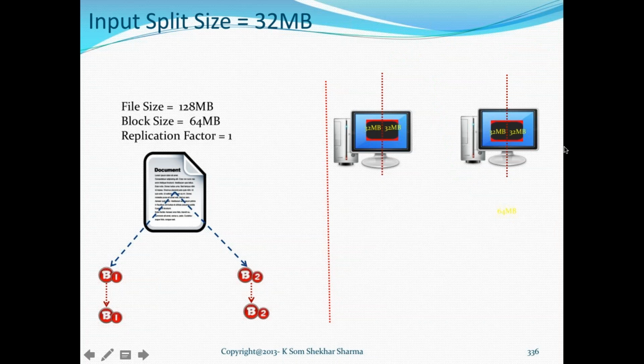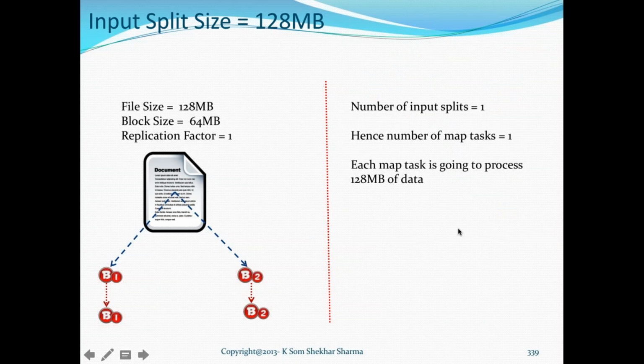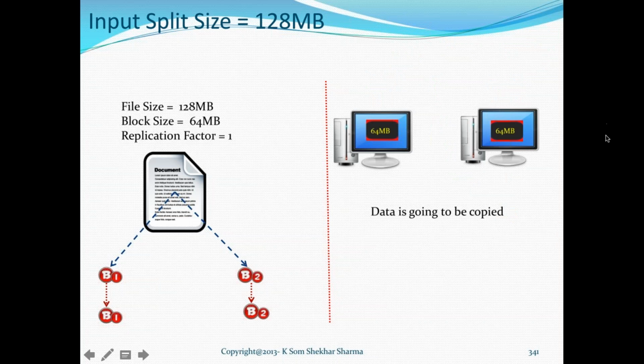For the third case, what should the values be? So my left hand side is 120 MB, which is equal to, the formula is maximum of minimum split size, comma, minimum of maximum split size, comma, your block size, which remains the same, 64 MB.